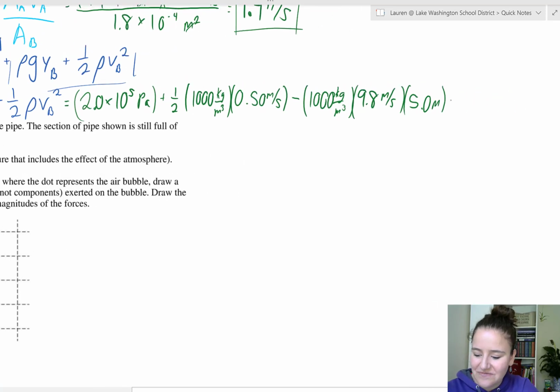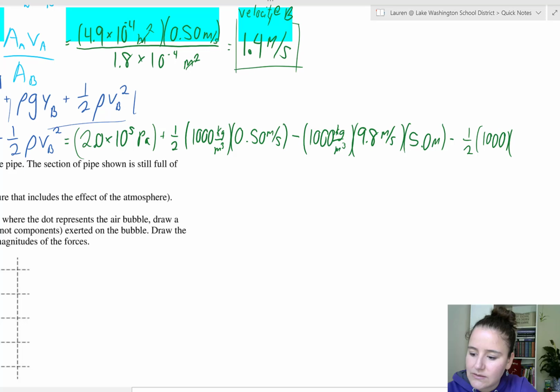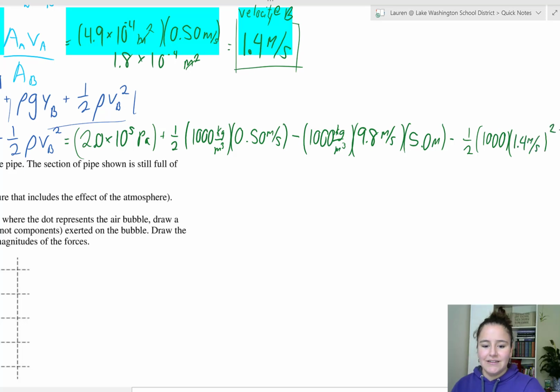And one last term, minus 1/2 times 1,000 times the velocity at point B squared, which we just calculated as 1.4 meters per second. A lot of terms going on there, but let's go ahead and see if we can do this.